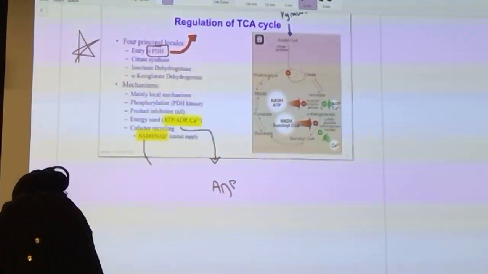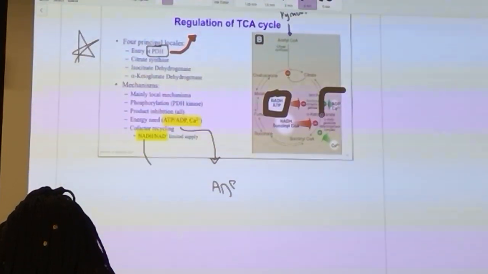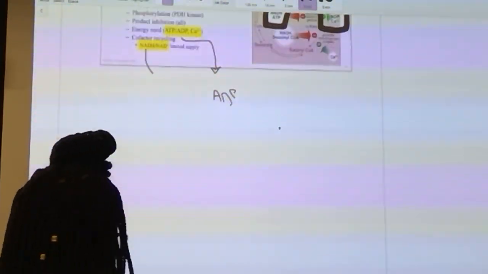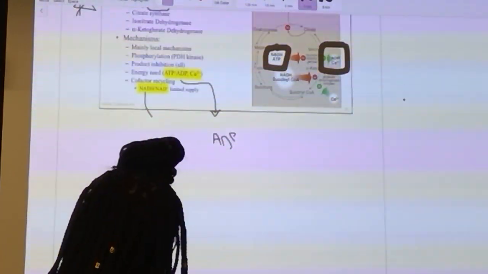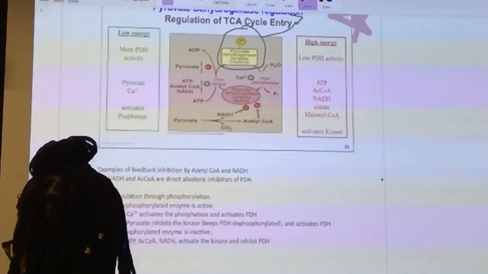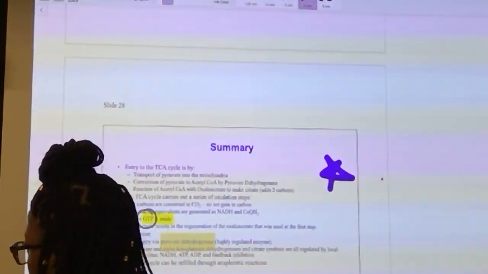So these are the products of the TCA cycle, and these are the substrates. Any questions about that? Oh, and just know that calcium is an activator. That's really it for this lecture. Any questions?